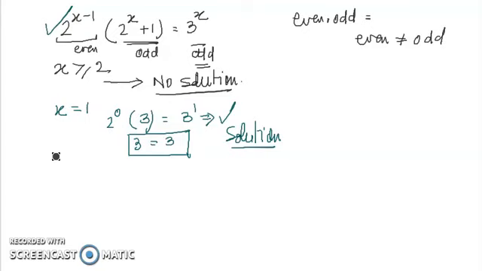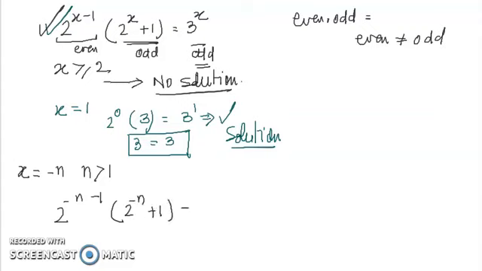Now let us consider x is equal to negative n, where n is greater than 1, and we plug this value into the equation that we found here. 2^(minus n minus 1) times (2^(minus n) plus 1) equal to 3^(minus n).